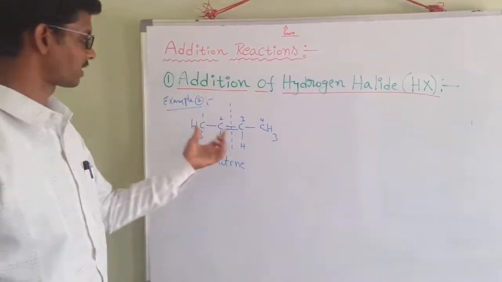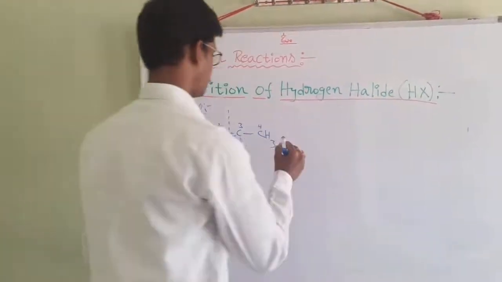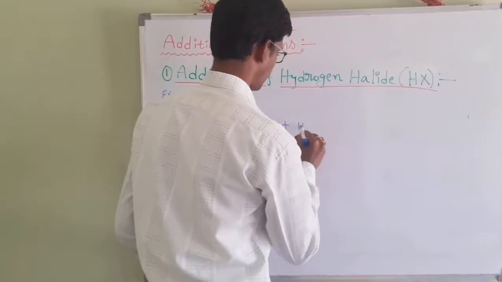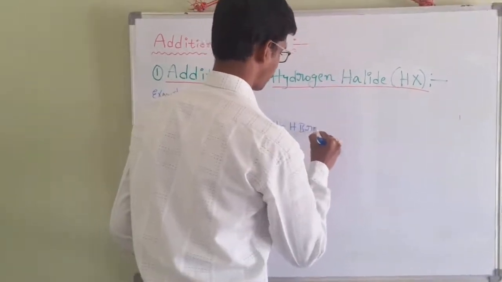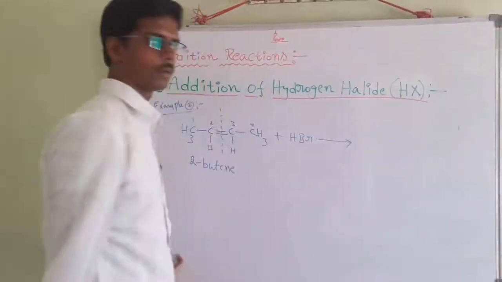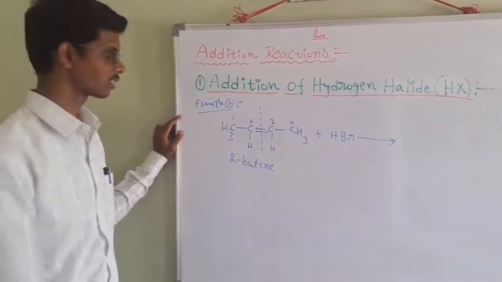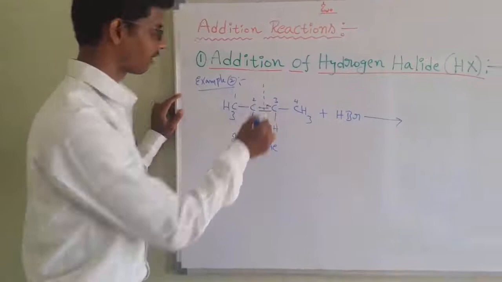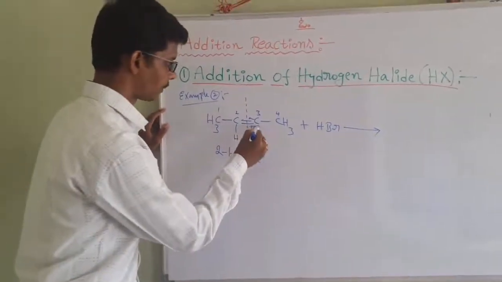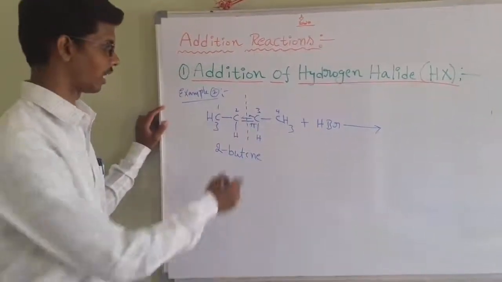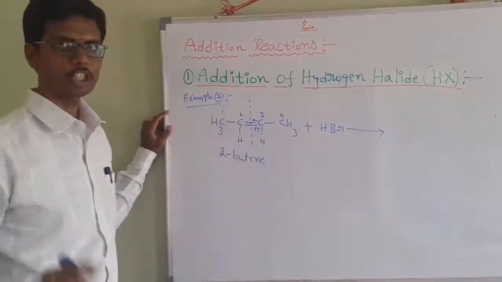Okay. For example, to this you should add hydrogen bromide. Okay. What is the reaction that takes place? Here is also same. The breaking of one pi bond takes place. Okay. And then formation of new sigma bonds.